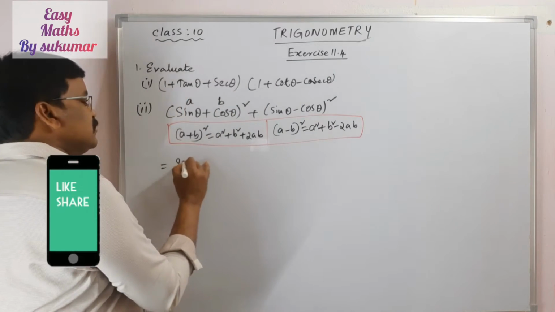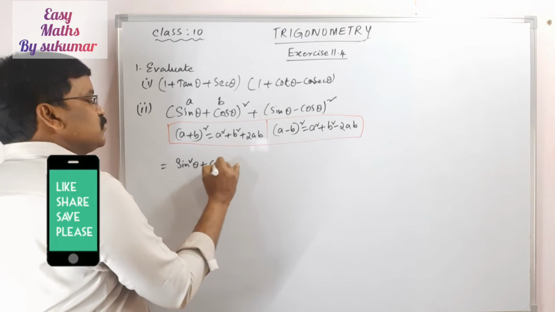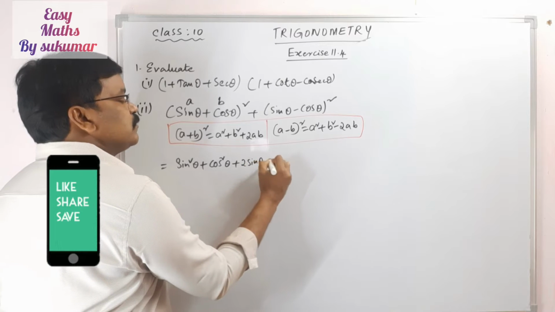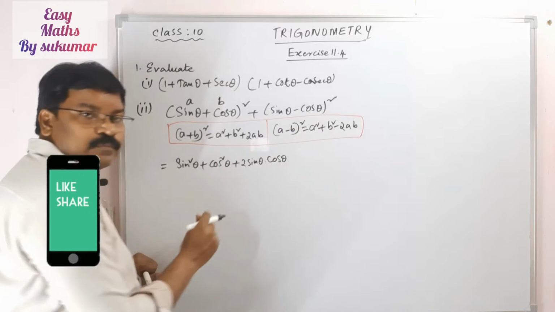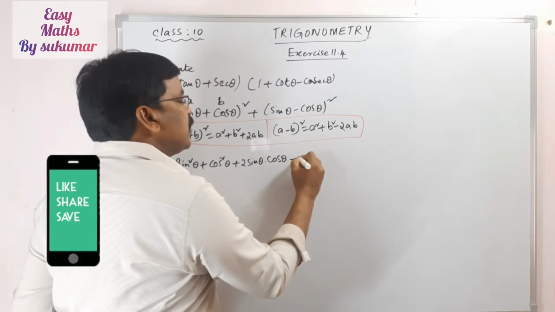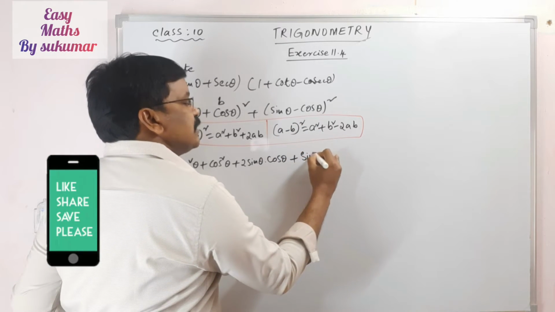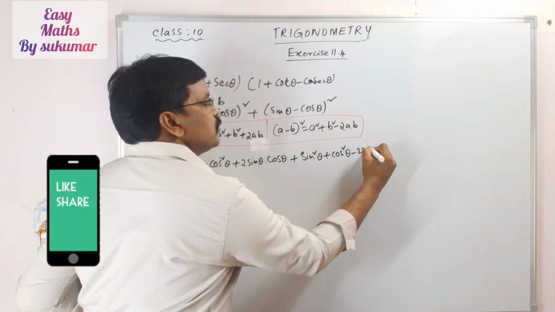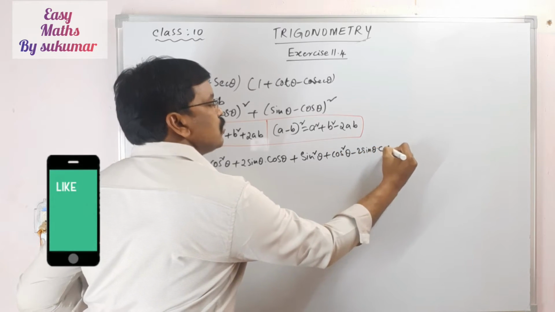That means sin square theta plus cos square theta plus 2 sin theta cos theta. Similarly, for this one, sin square theta plus cos square theta minus 2 sin theta cos theta.